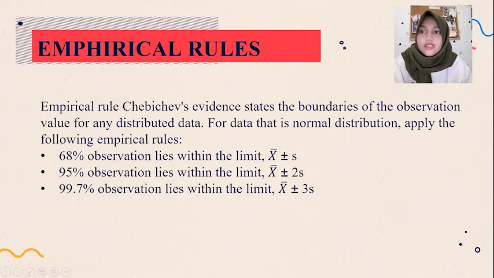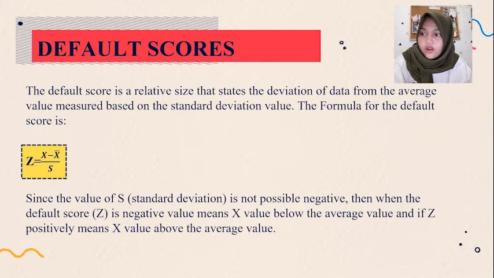And the last thing is the standard score. The standard score is a relative measure that states the deviation of data from the average value, measured based on the standard deviation value. The formula for the standard score is like this, as we can see. Since the standard deviation cannot be negative, when the standard score z is negative, it means the x value is below the average value, and if z is positive, the x value is above the average value.